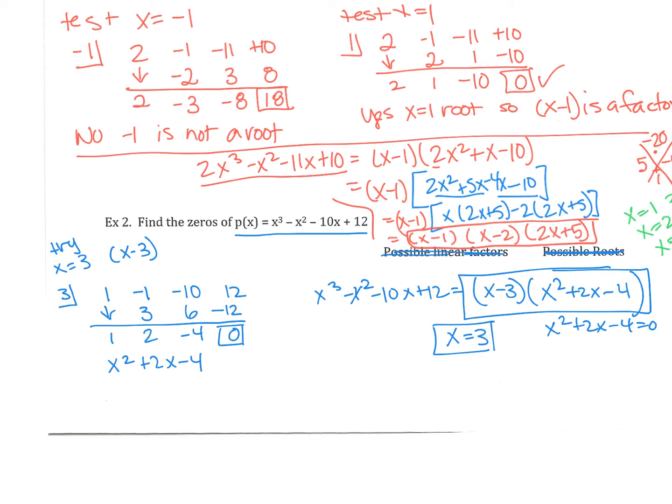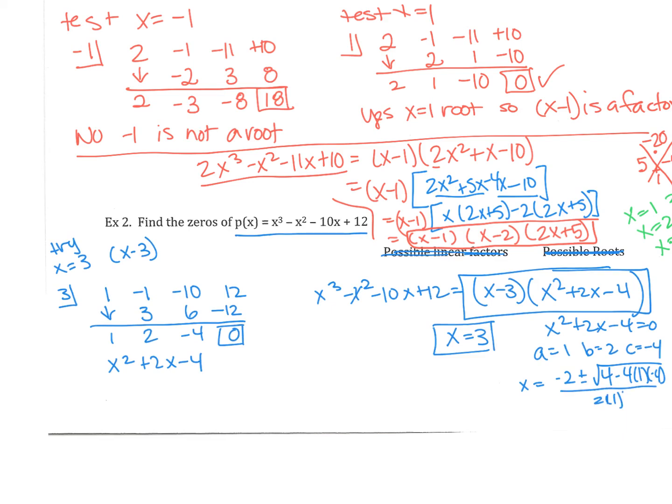My a is 1, my b is 2, and my c is negative 4. And so my quadratic formula would give me negative 2 plus or minus the square root of b squared, which is 4, minus 4 times a times c, all over 2 times 1.